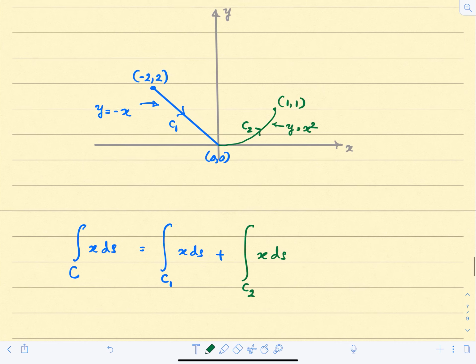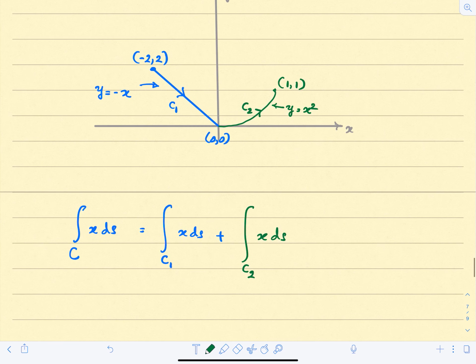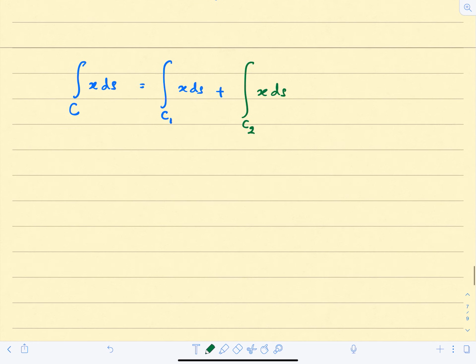Now before we solve this, we need to identify the parameterization for these two curves. Let's consider the path C1.